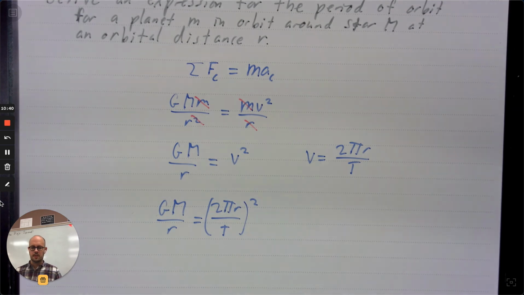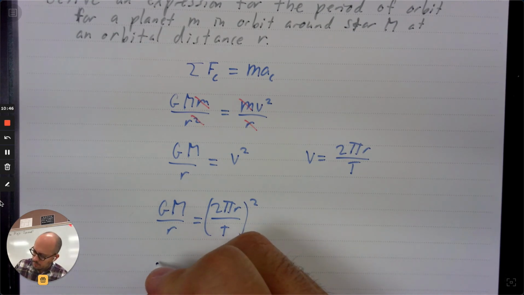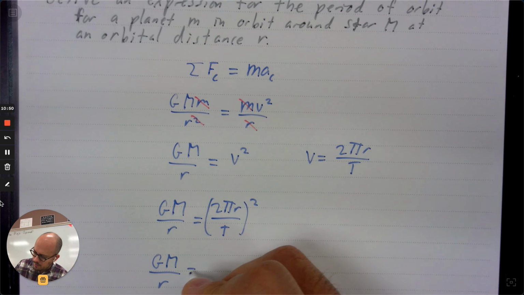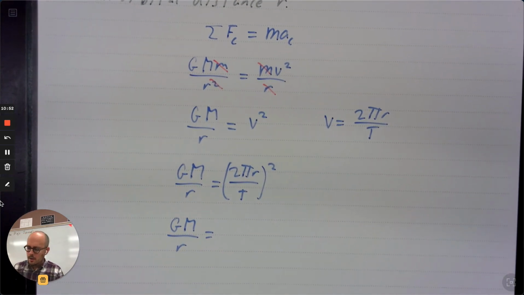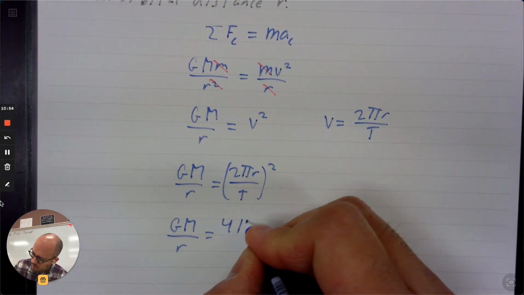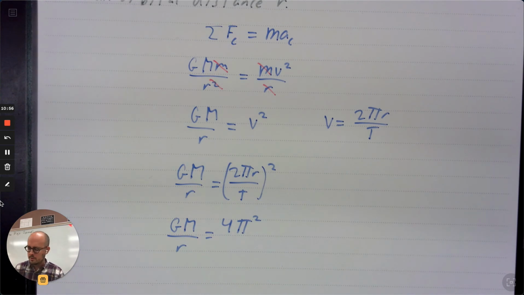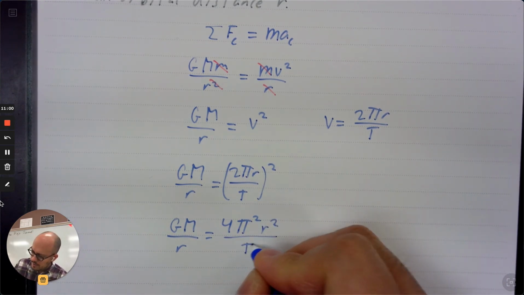We're going to rearrange this and solve it for T. First, I take the square of the right side, and I get 4 pi squared r squared over T squared.